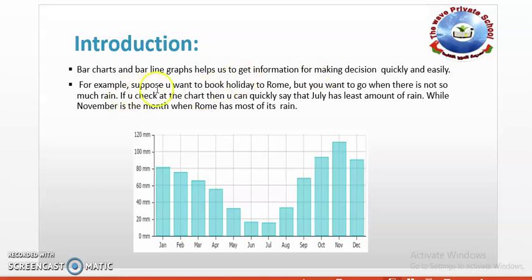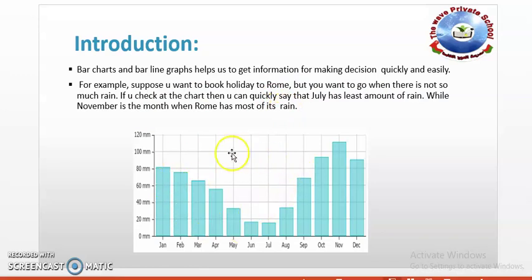For example, suppose you want to book a holiday to Rome, but you want to go when there is not so much rain. If you check the chart, then you can quickly say that July has the least amount of rain while November is the month when Rome has most of its rain.